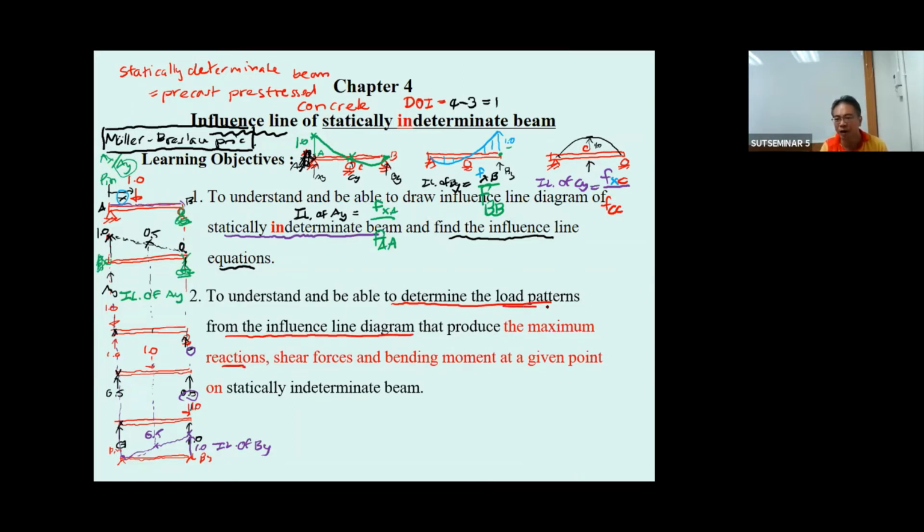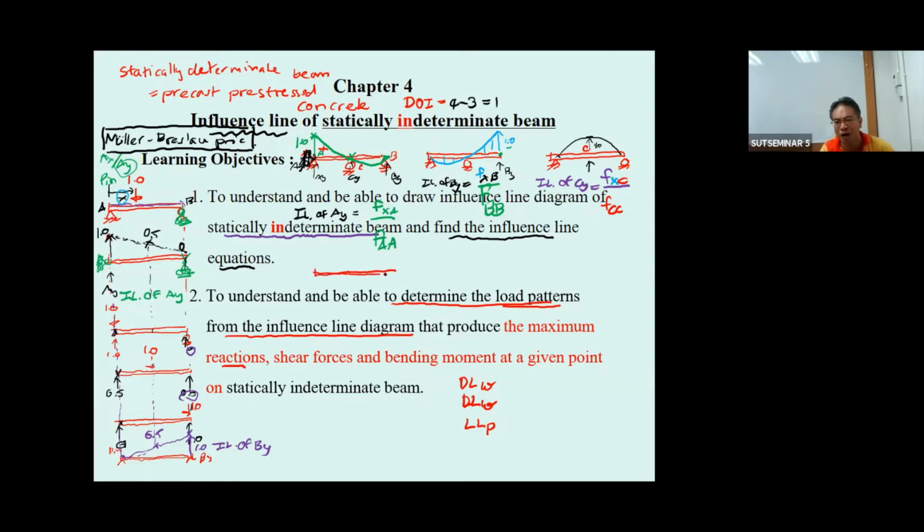Talking about the loading pattern, you have the dead load, okay, uniformly distributed dead load. You have uniformly distributed live load, and you also have the live load that is going to be the point load or concentrated load. By doing this, you see the influence line of the positive is going to be large.